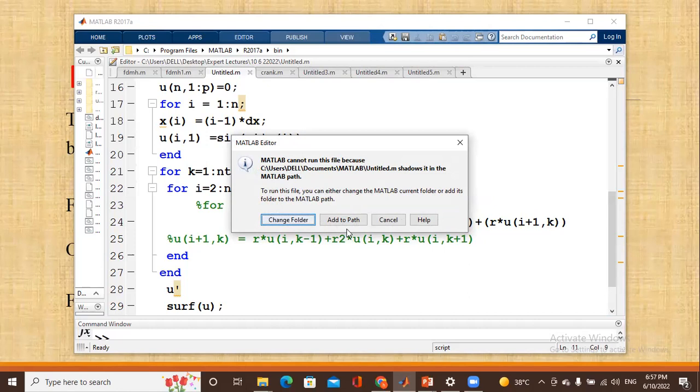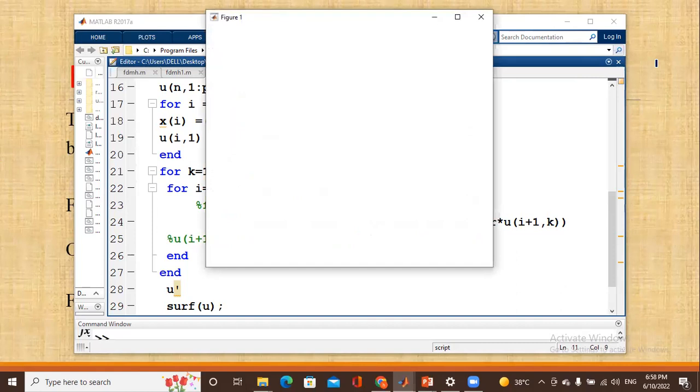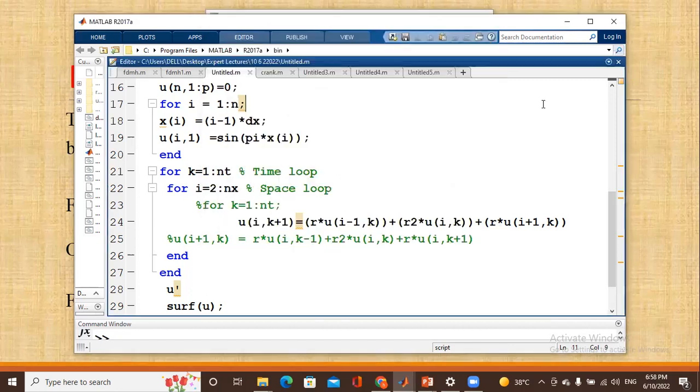Just 1 minute. So we get this type of solution, but it is not accurate because our temperature will be negative.